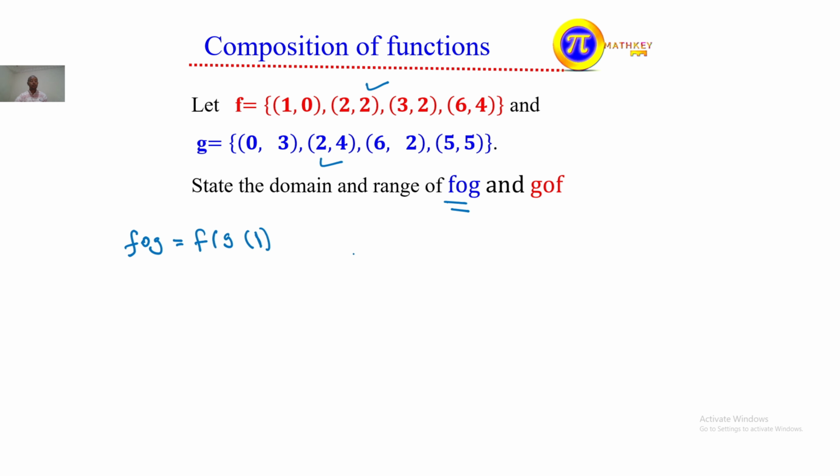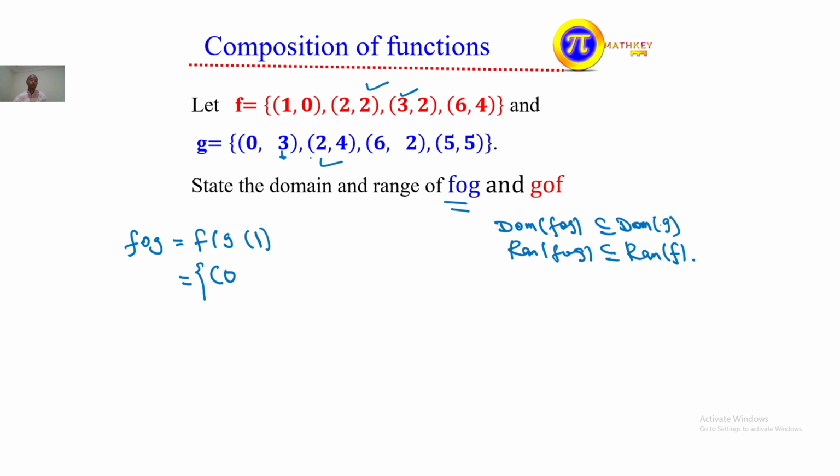Yes, it has 3. So what is the value for 3 in case of f? That is 2. When it comes to the second one, it is 2 to 4, the range of g is 4. We will try to find 4 in the domain of f, but since 4 is not in the domain of f, we can't take this pair.